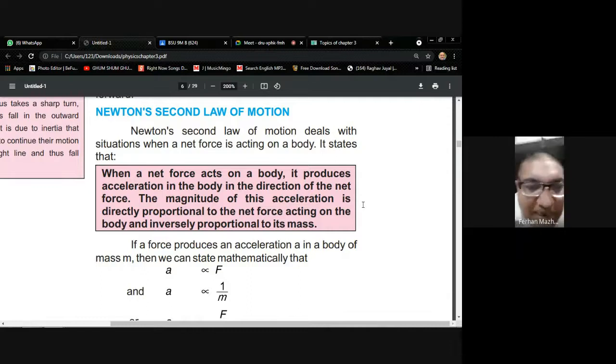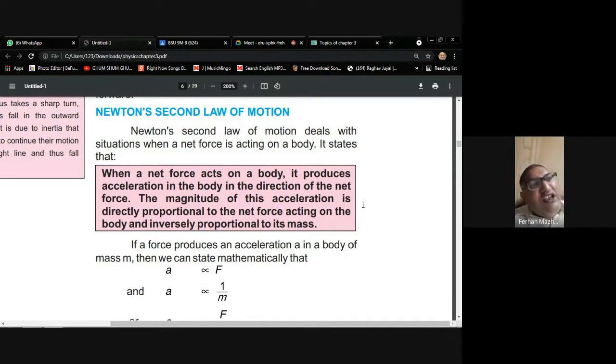It might mean that the velocity will increase. That is a change in the velocity. It also means that there might be a decrease in the velocity. And it might also mean that the magnitude of the velocity may or may not change, but the direction will change. Or magnitude and direction both change.